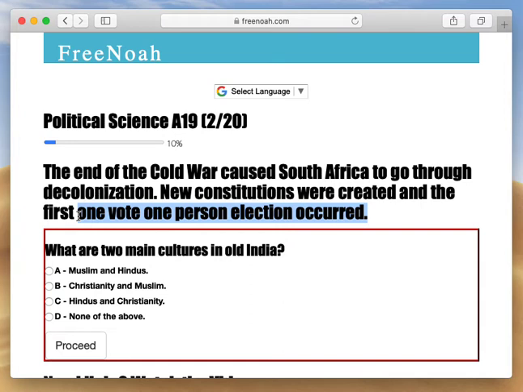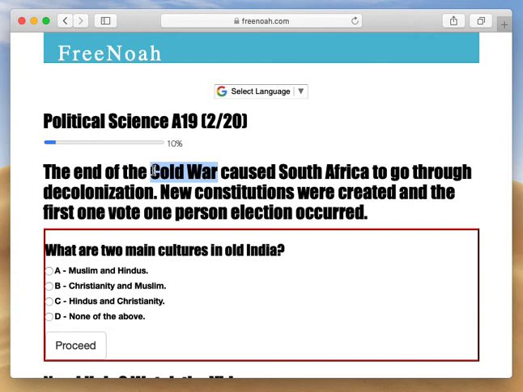Remember that when South Africa went through decolonization, they became susceptible, not victims, but susceptible to capitalism or communism. So they can go either way.